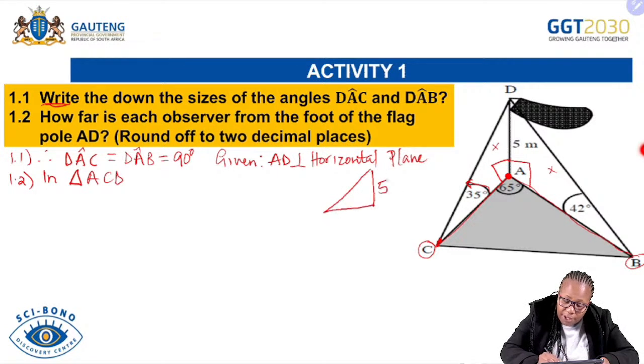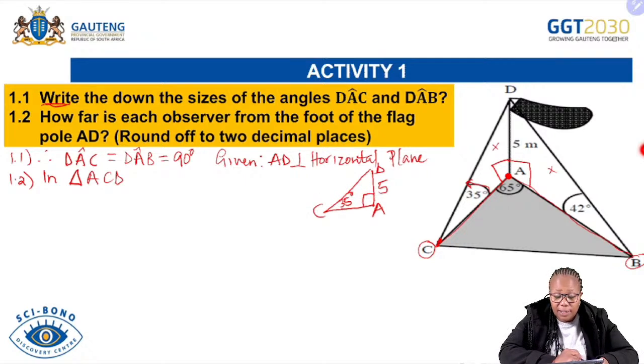We are talking 5 meters of AD, and then we have C that is 35 degrees. Remember, there's a 90 degrees there. Now we are looking at side AC. We are looking at this side. What is given to us? It's an angle, and this angle to that 5 given to us, 5 is opposite. So the side that we are looking for is the adjacent.